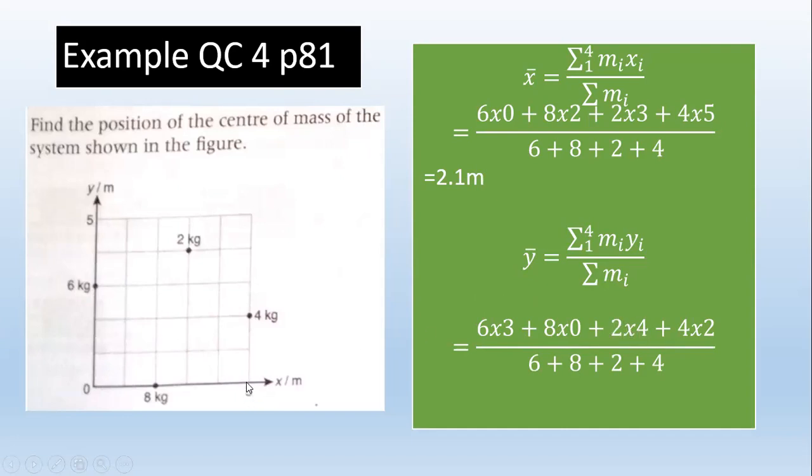This one is 5 times 4. Sorry, no. This is 2 from the x-axis, 5 from the y-axis. Don't get confused. It's 2 from the x-axis, so 2 times 4. And then this is the total mass. Add all these masses together. That's all. It's calculator.